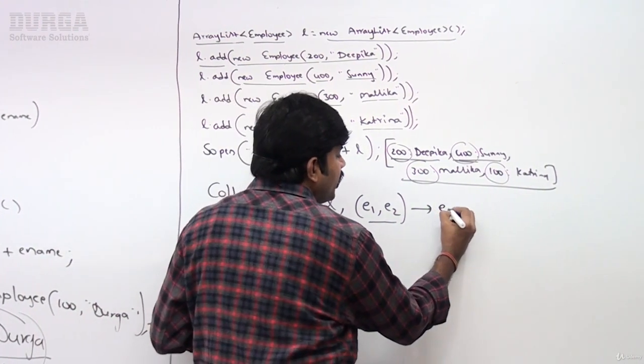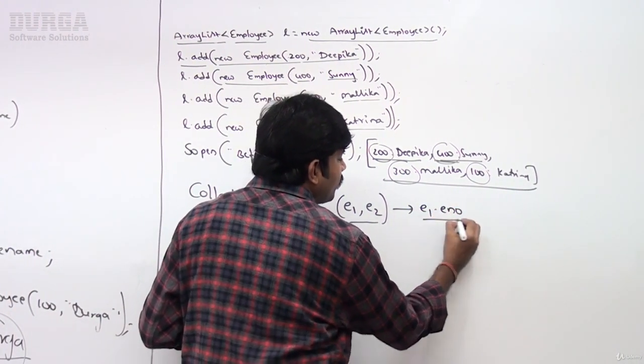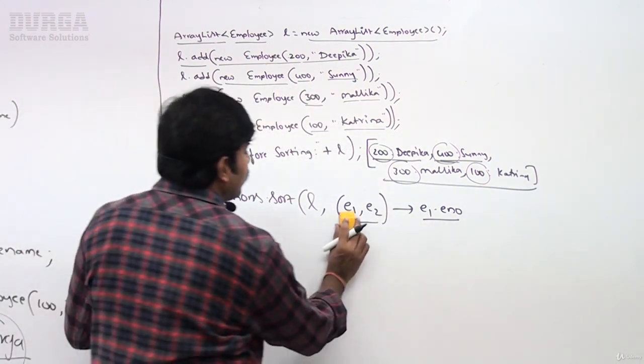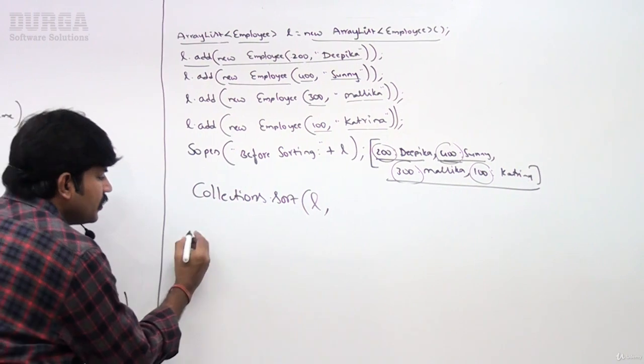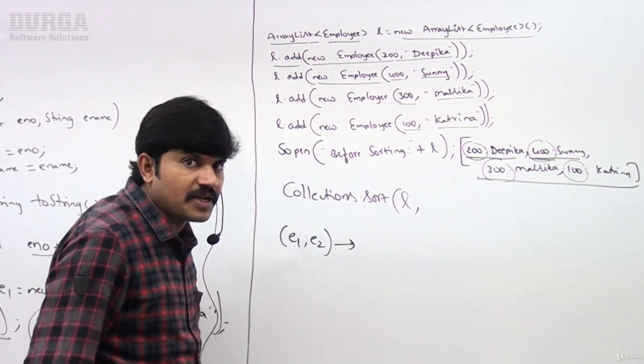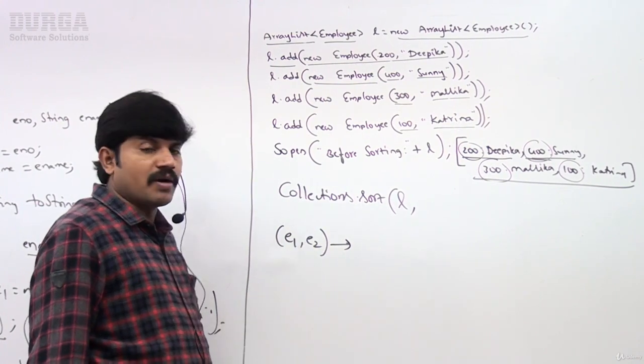That's why e1.enum. One minute, sir, you may get confused. Here, see, first employee, second employee. Let me write the lambda expression separately so that you can feel more comfortable.